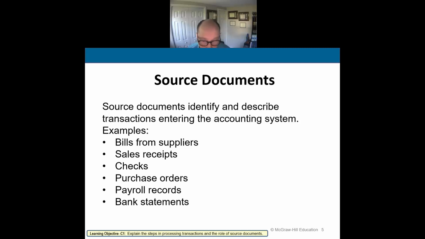The last one on here is bank statements. At the end of each month, a bank statement is generated. The bank statement represents the cash balance in your bank account. It represents all of the cash coming in and cash going out of your bank account based on the transactions, right? The cash coming in, yeah, it's part of the cash flow.